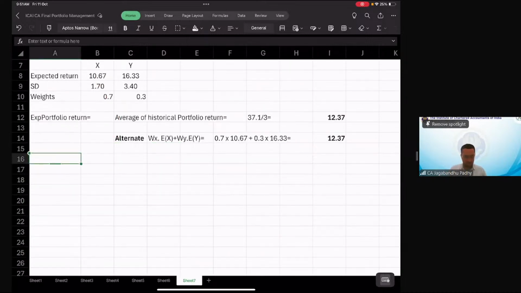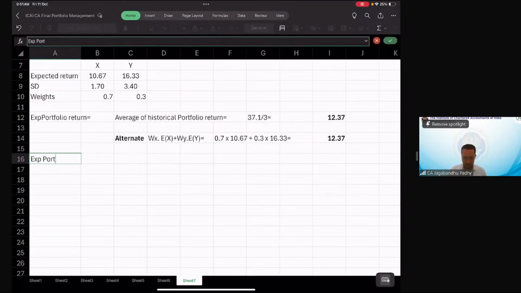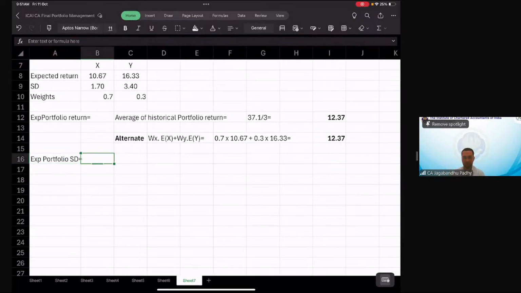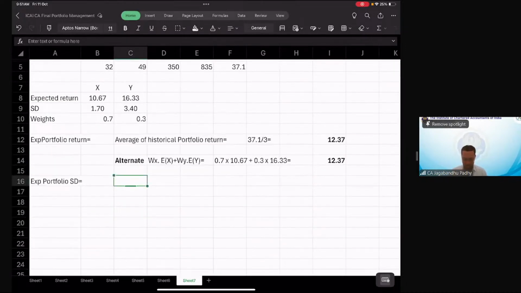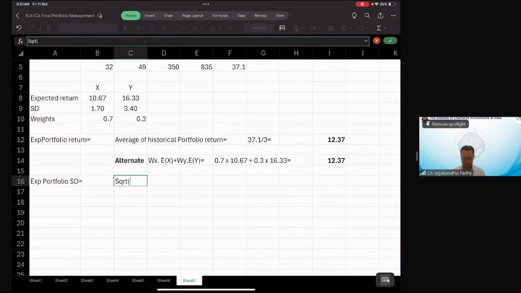Now, expected portfolio standard deviation. Expected portfolio standard deviation will be calculated as square root of return of portfolio square, or let me just write it.